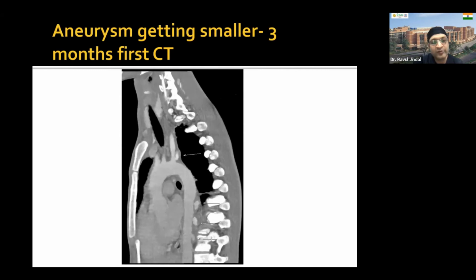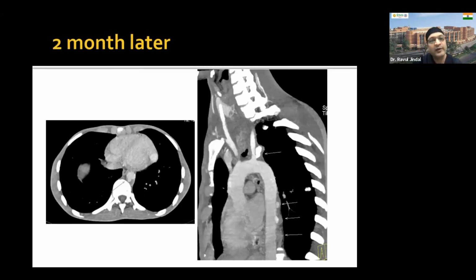Then we also gave the patient 2 months of antibiotics, and on the 3-month CT scan, the aneurysms in the carotid and the thoracic aorta were getting smaller, and they subsequently disappeared. The ventricular aneurysm in the heart, which was very small, we didn't treat.